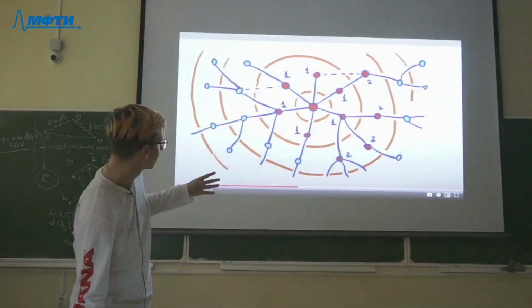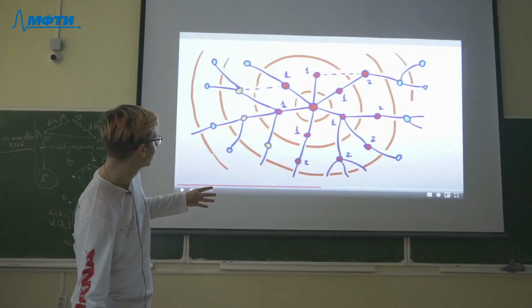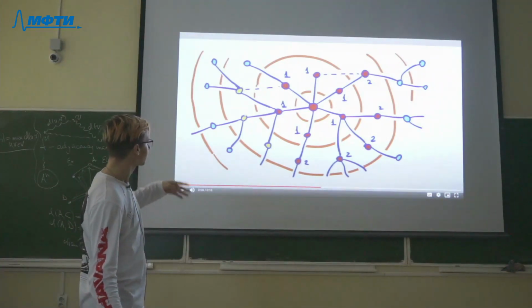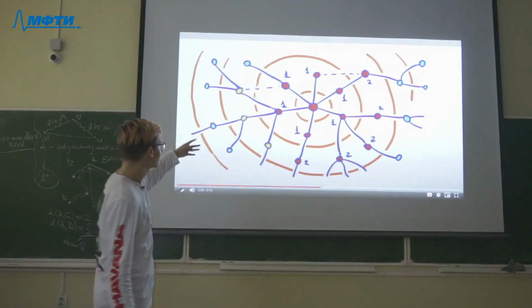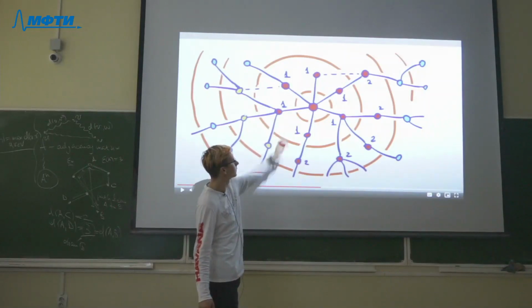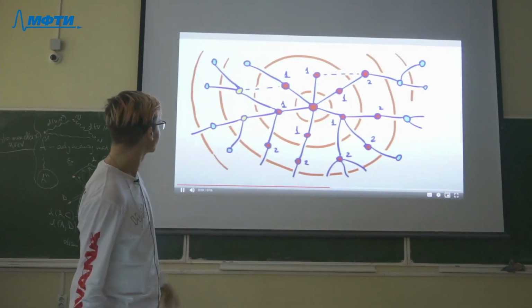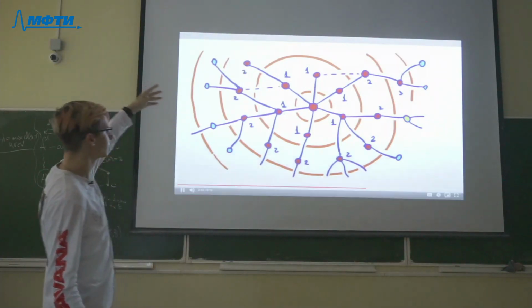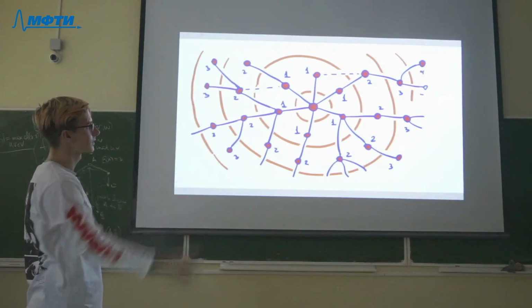And then we repeat it. We see, for example, for this vertex, we have 3 vertices that haven't been explored before. Then we say that the distance is one more than the distance from this point to the start vertex. And we repeat for the next level, and for the next level.